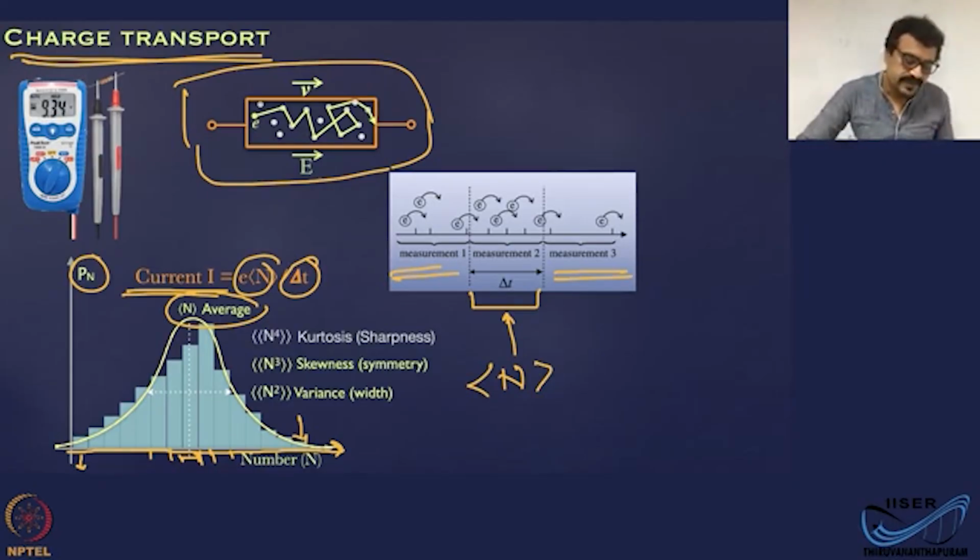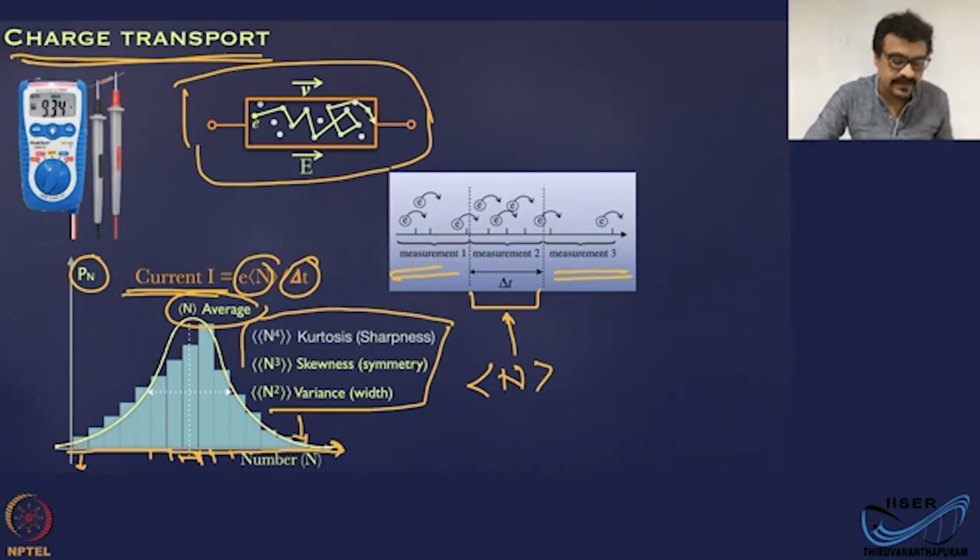Now, this is a statistical distribution, and there are other properties of the distribution, such as the higher moments, like kurtosis, which is sharpness, skewness, how symmetric the distribution is, and the variance, the width of the distribution. And when you measure the current, you are losing a lot of information regarding the higher moments.